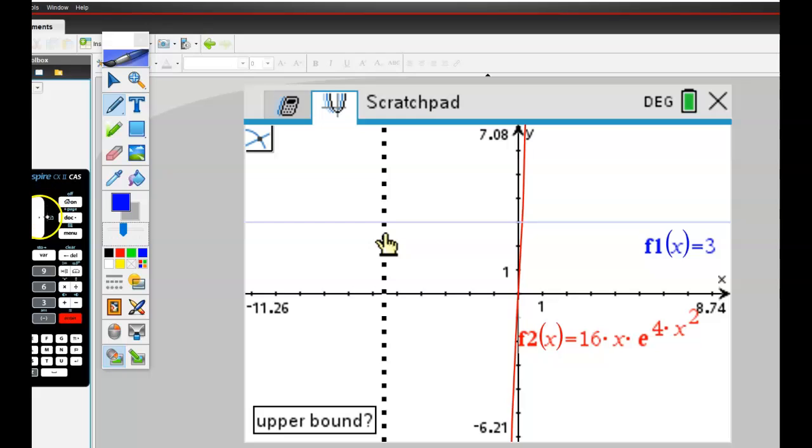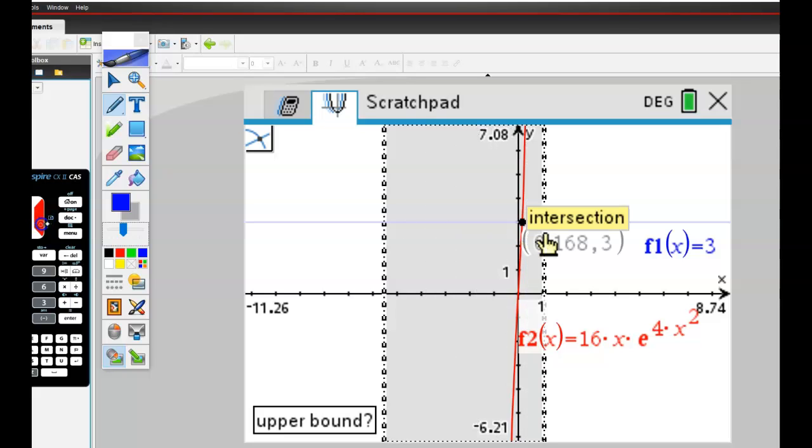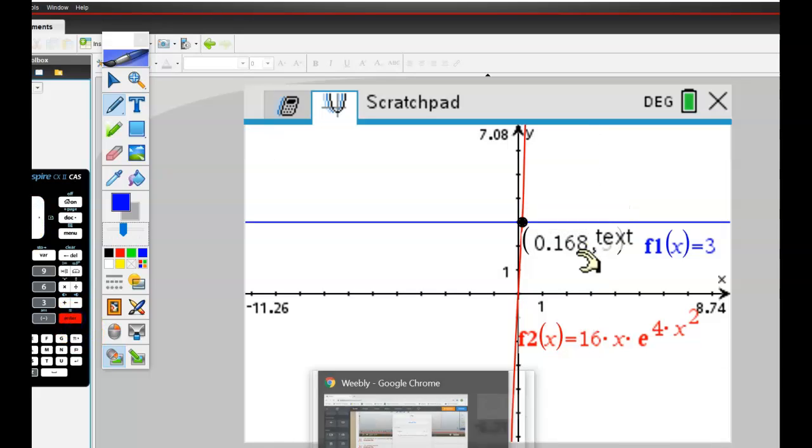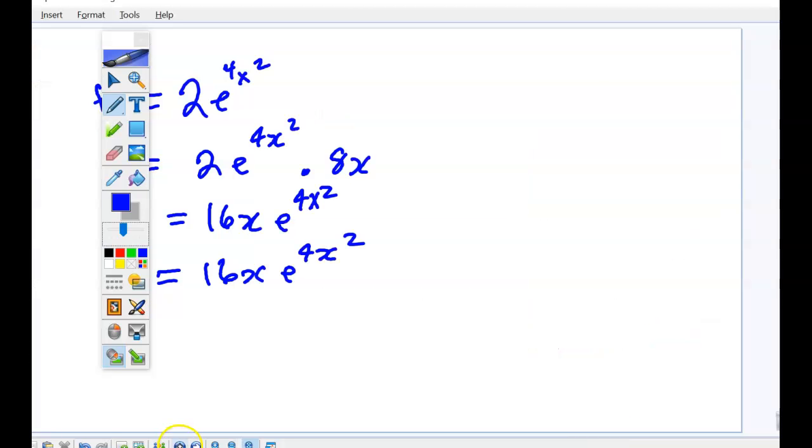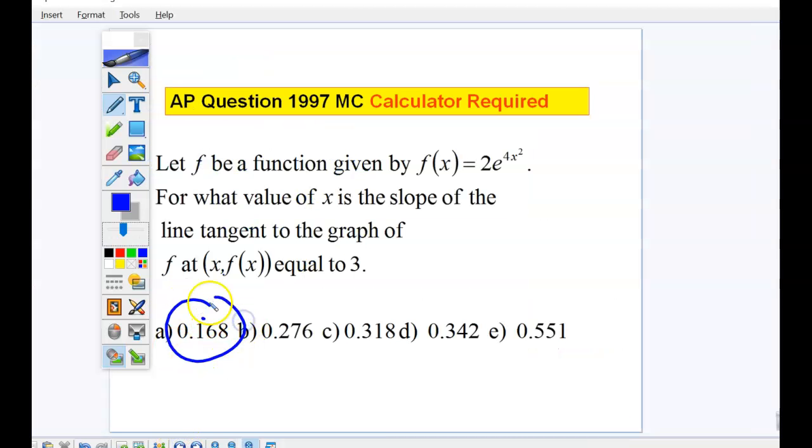And then I'm going to move it to the right of the intersection point. It's kind of hard to do with this stylus on my computer. I'll hit enter again, and you'll notice 1.68 is the intersection point. So if we go back to the multiple choice question, my answer would be A.